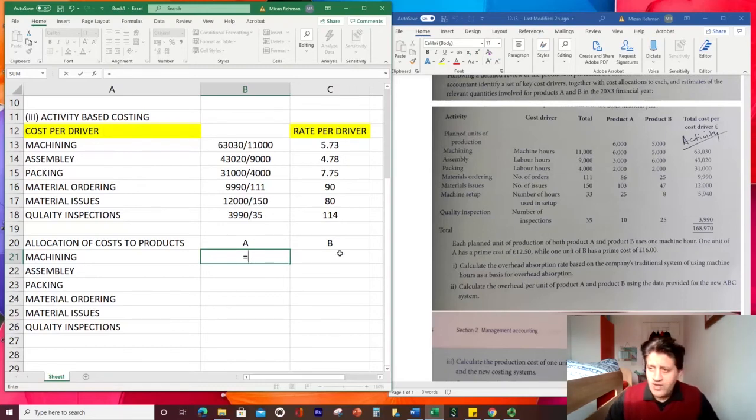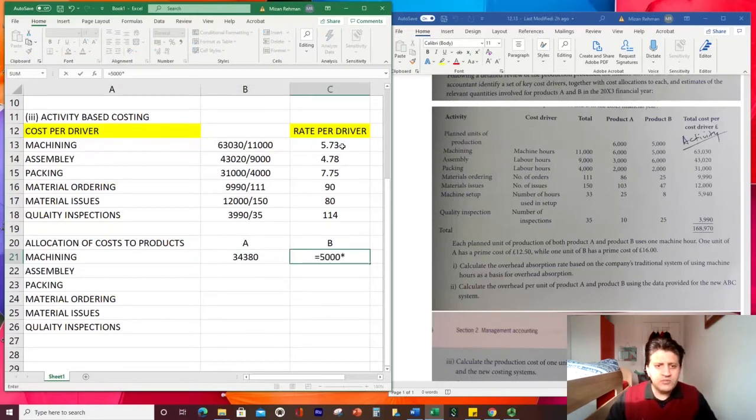If you look at the table now, we are using these figures. So A uses 6,000 machine hours, and the cost per machine hour is 5.73. So that is the cost which will be allocated to it. B uses 5,000 machine hours.